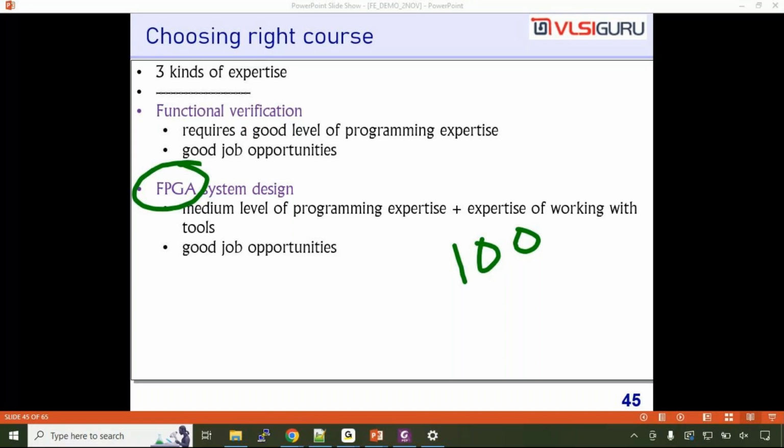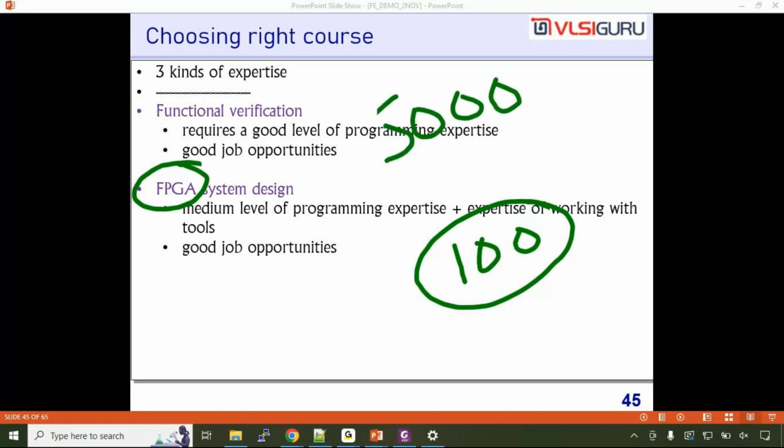Maybe around 100 people would be undergoing training. Because of that, you still stand a good chance of getting a job. You got the point I'm telling. In ASIC, it's actually reverse. 5,000 people undergo training. Maybe 3,000, 5,000. So that way you can choose FPGA also.